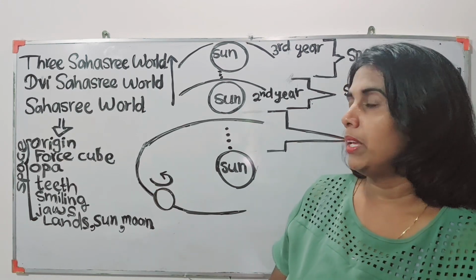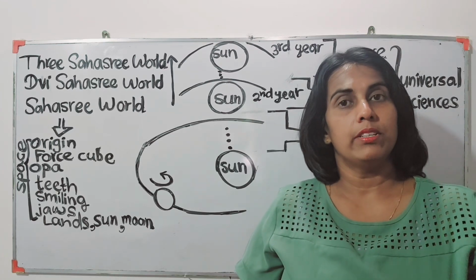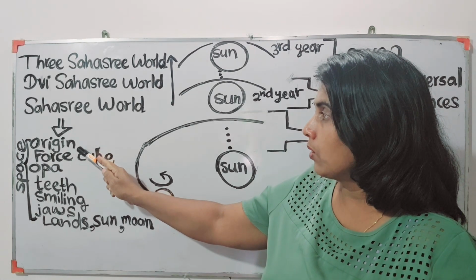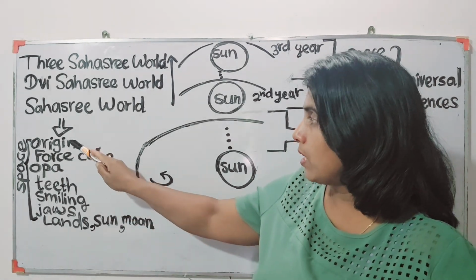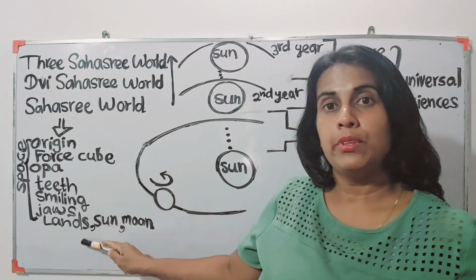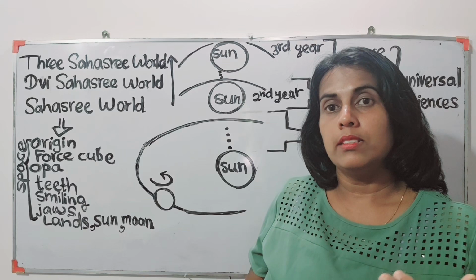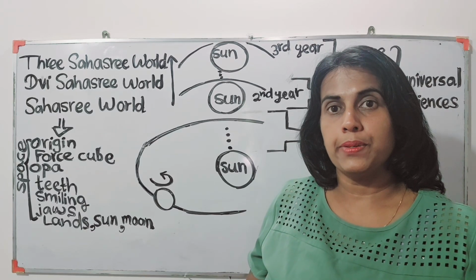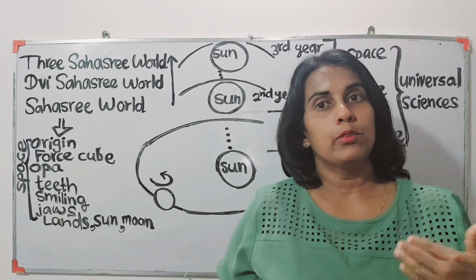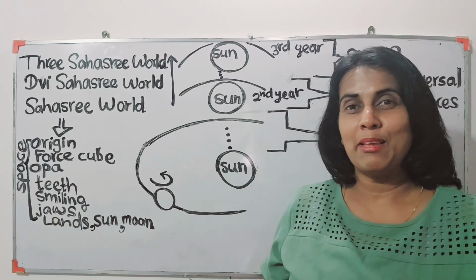In that I explained how the universe originated all creations, and the chronological order of it, starting from origin, force cube, then a set of universal sciences, how plants, beings, the sun, moon and worlds were created. Those things I explained very briefly. In that I introduced the universal sciences. Only the name I mentioned.